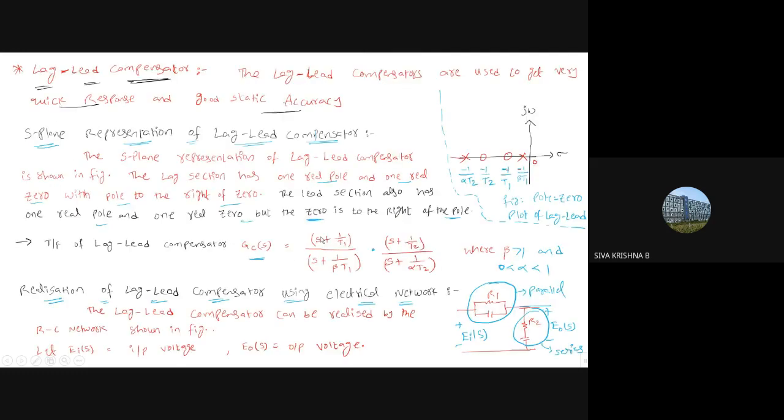So let me wait. Here it is 1 by SC1, capacitor 1, and here it is 1 by SC2, capacitor 2. Okay, this network is series and this network is parallel.